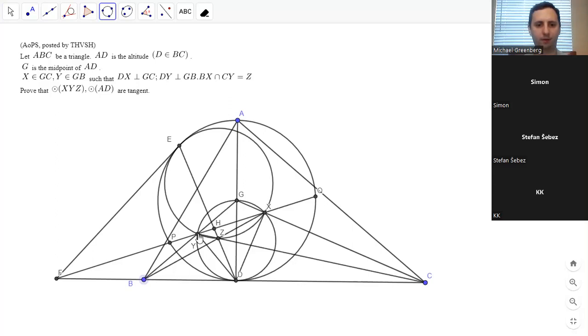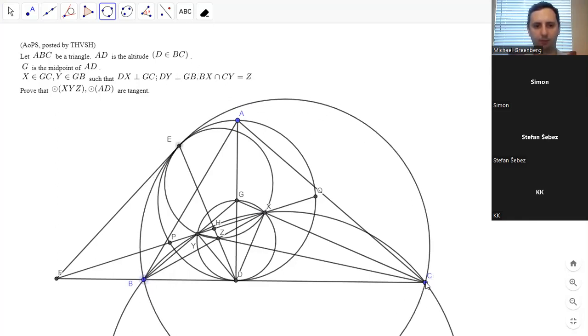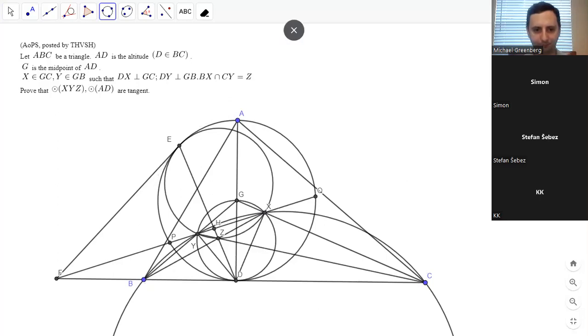Okay, so this is also cyclic. That gives us a lot of information, because then we know FB times FC is FD squared. So that would mean that if we drew the circumcircle of EBC, it would also be tangent. This would be tangent to all of them. So we have a lot of information here.